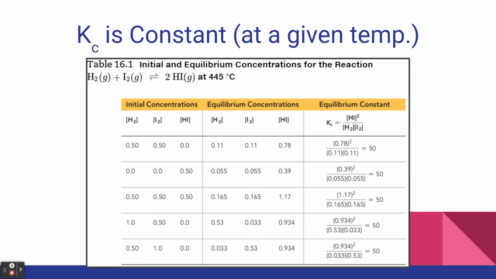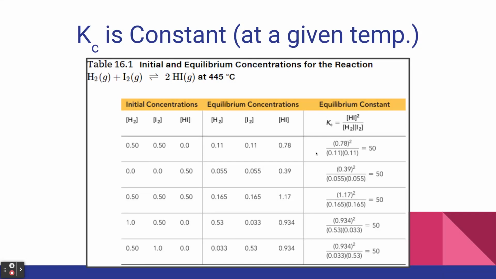With that being said, because this chemical equilibrium is occurring at 445 degrees Celsius, that's the temperature at which this reaction is occurring, you'll notice that the equilibrium constant for each of these trials is in fact 50, right? We go down the line here, it is 50 across the board.